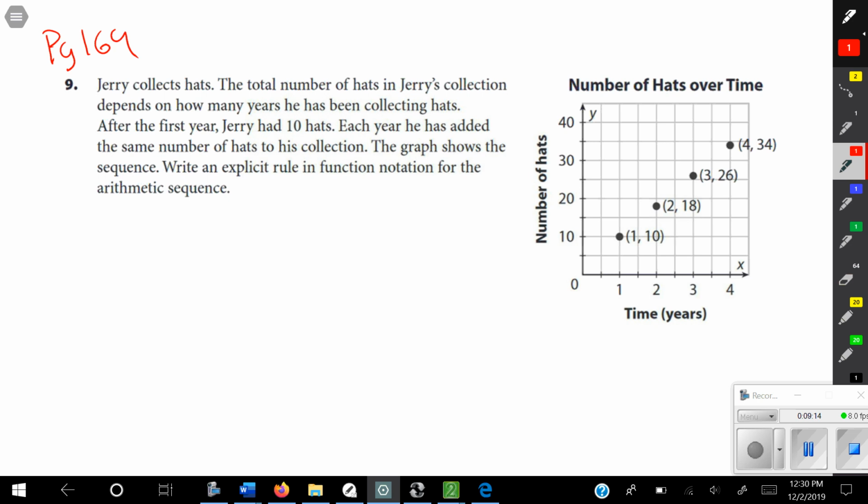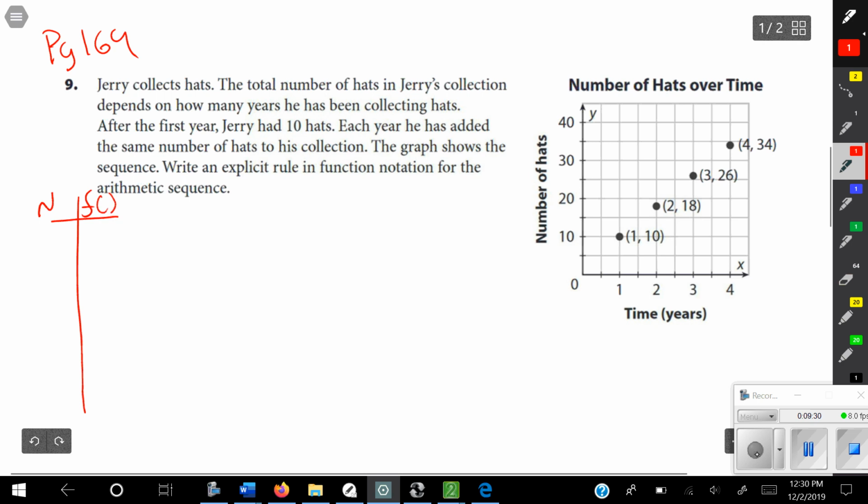But they give us the chart of the hats being collected. So what I'm going to do is go ahead and make a table. Okay, and with this table, I'm going to say n and f of n. The n is going to represent the number of years, and f of n is going to represent the number of hats.